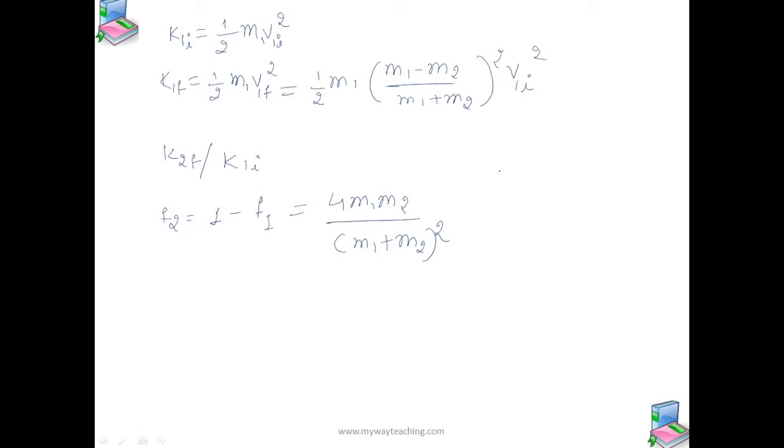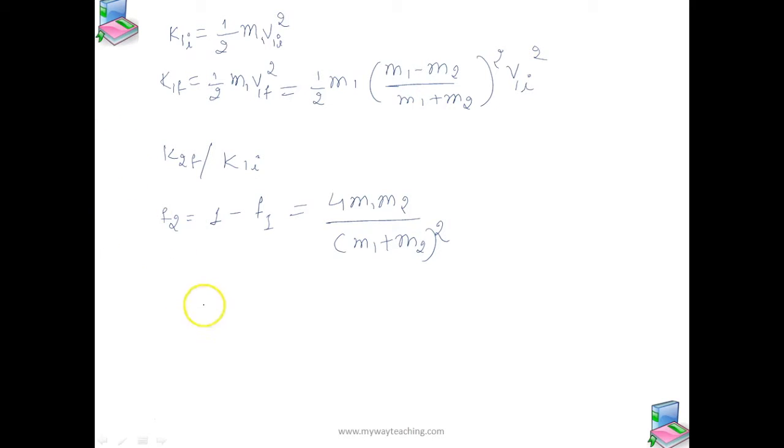For deuterium, that is m2 is equal to 2 m1, that is we should consider the mass a little above the mass of the neutron, we obtain f1 is equal to 1 by 9 and f2 is equal to 8 by 9.